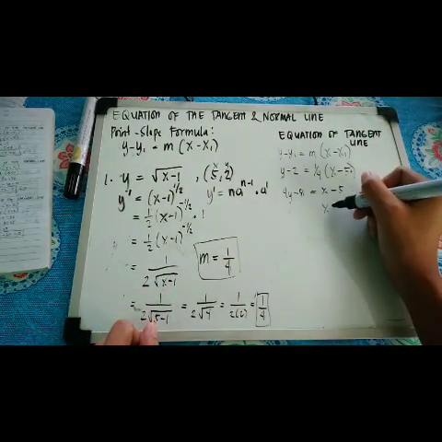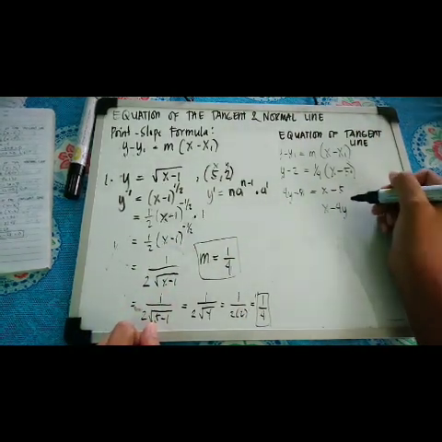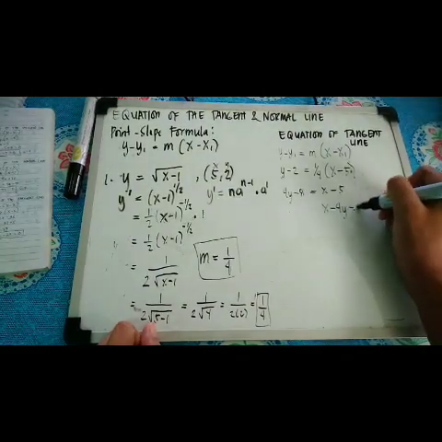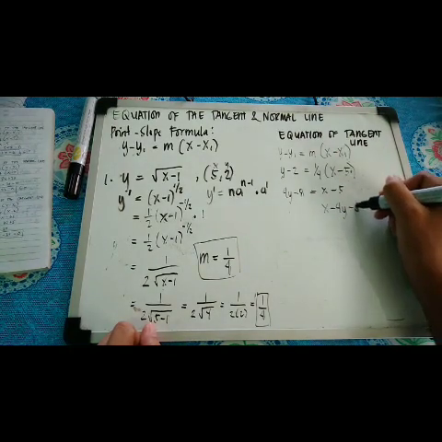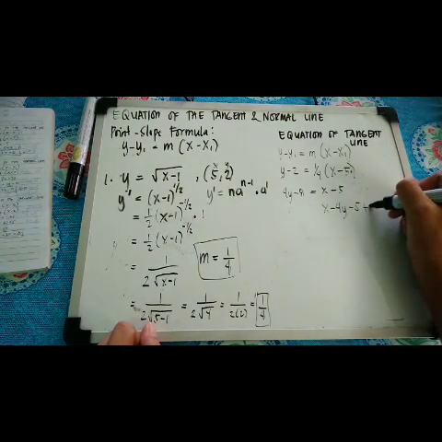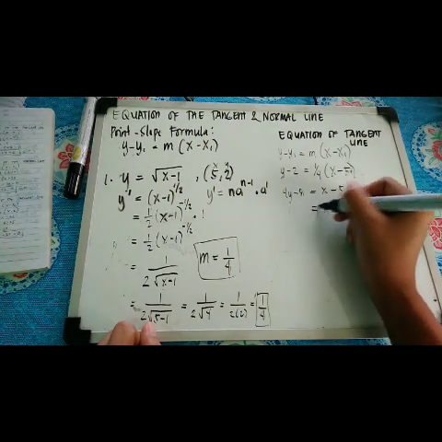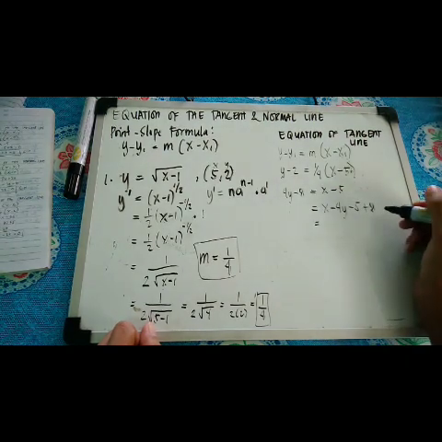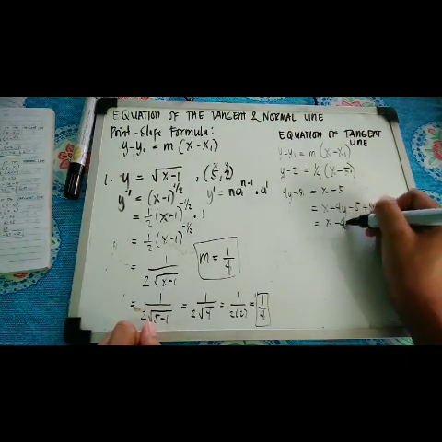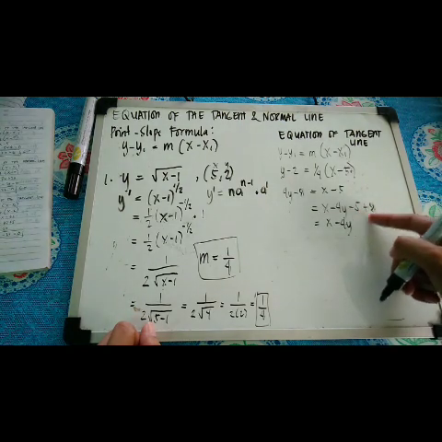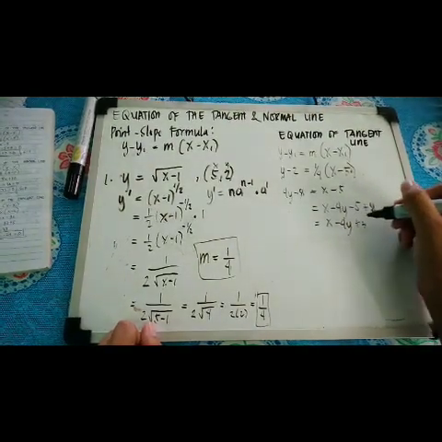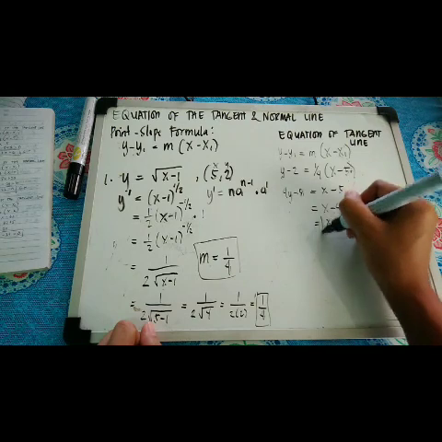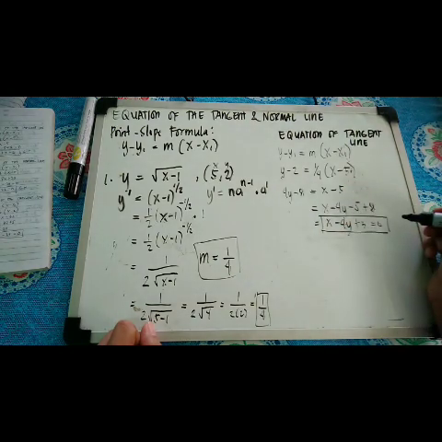By additive inverse, we have negative 4y, you can change the sign, and we have negative 5. When you apply the additive inverse to negative 8, it results in positive 8. Next, by combining like terms, we have x minus 4y. Negative 5 plus 8 is positive 3. So x minus 4y plus 3 is equal to 0. This is our equation for the tangent line.